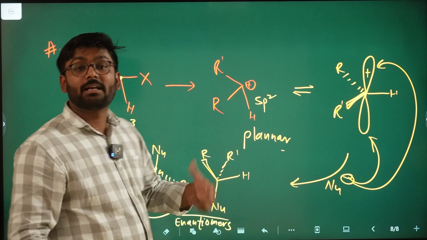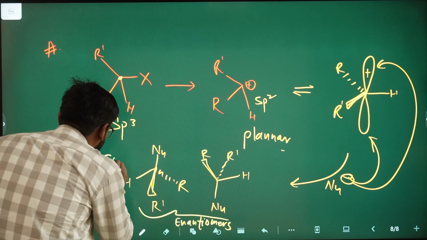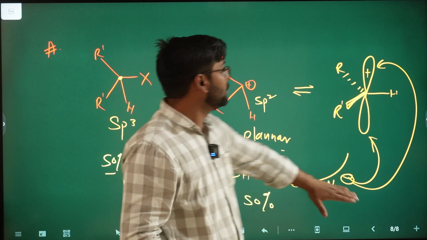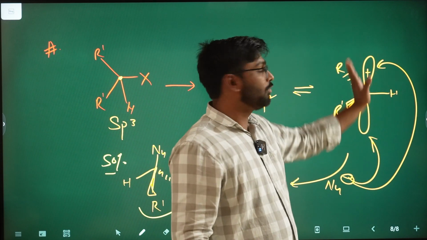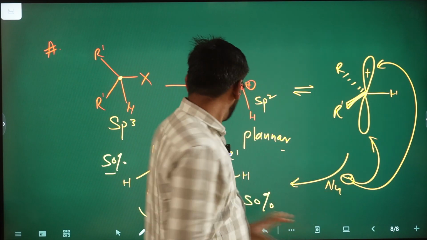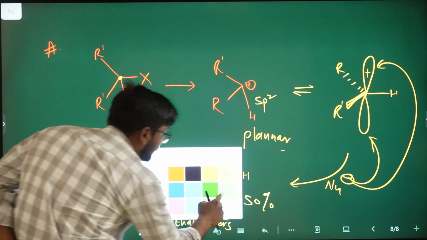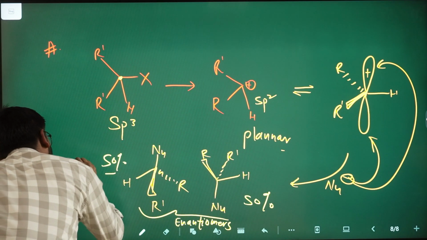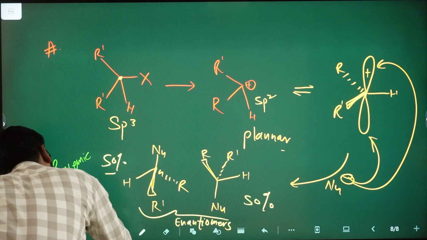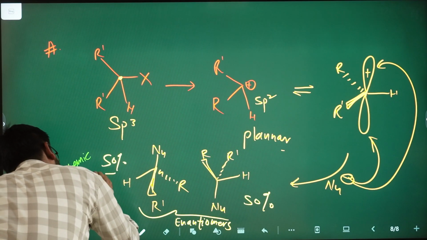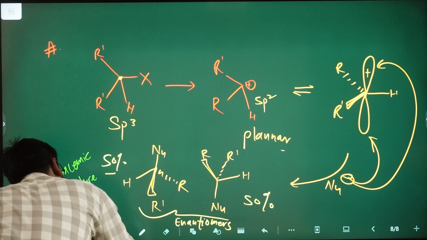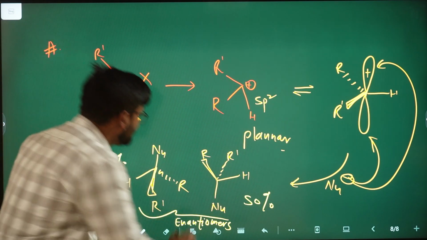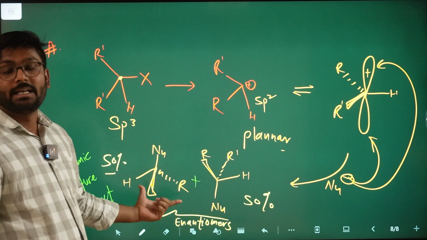And this is also called a racemic mixture. So 50% this and 50% this, because both have equal probability from upside attack and downside attack. So we will get a racemic mixture product. First is this, second is this, and both are enantiomers.